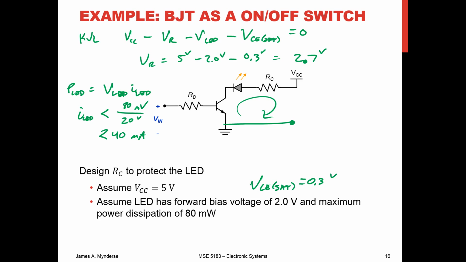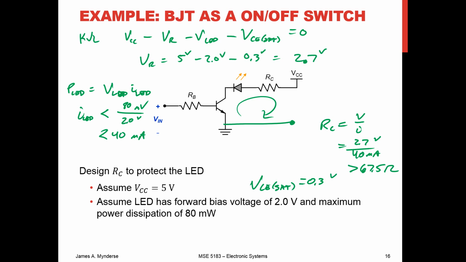And now I can go to my resistor. And the resistance, again, Ohm's law here, should be V over I, which would be, this is where I use my 2.7 volts, divided by my 40 milliamps. And so it should be greater than 67.5 ohms.